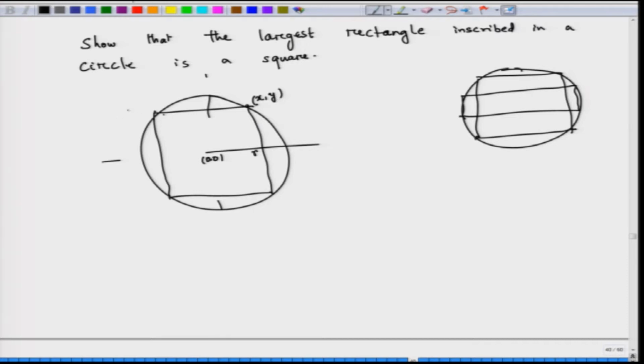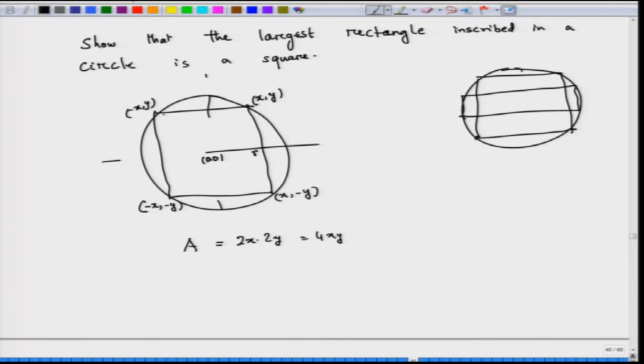Then of course, this point will be minus x, y, this one will be minus x, minus y, and this one will be x, minus y. This is the rectangle. Now, what is going to be the area of the rectangle? The length is x minus minus x, which is 2x, times the height 2y. So, the area is 4xy.